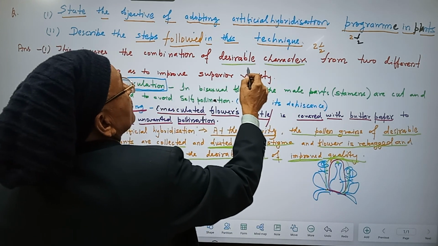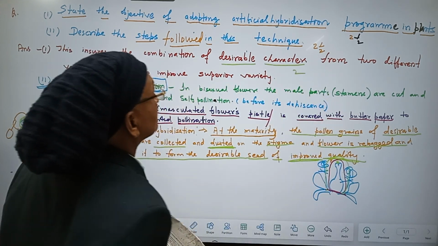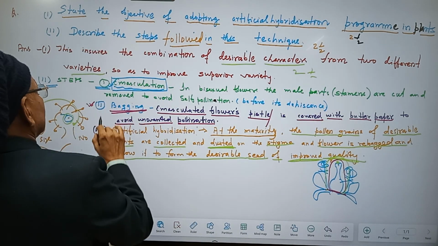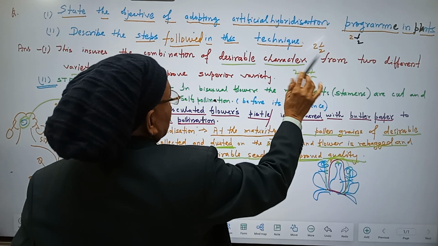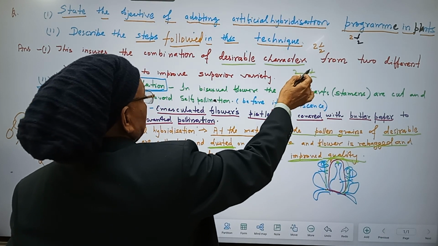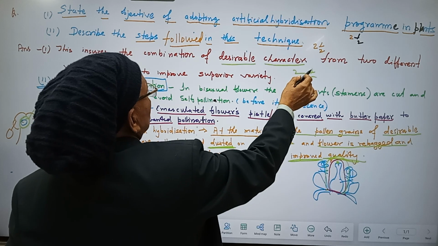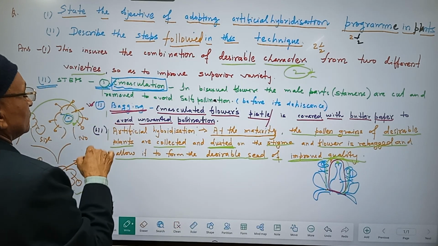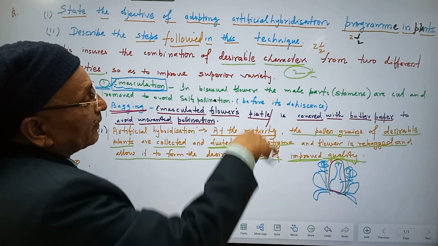So that is 2.5 marks here, and sometimes it depends upon the marking scheme: 2 marks for this one and 3 marks for this one. In this way, 5 marks you will score in your board examination.